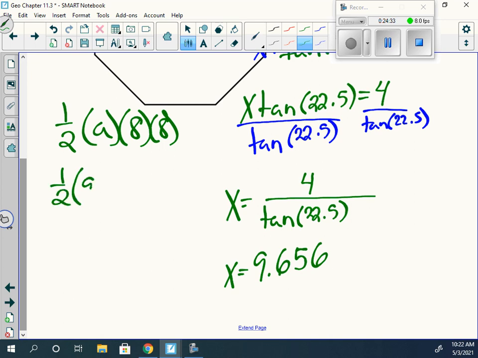So for us here, 9.656 times 8 times 8. And actually now we can find the overall area by plugging this in. And this works for any shape.